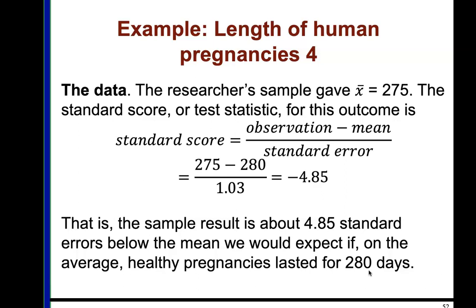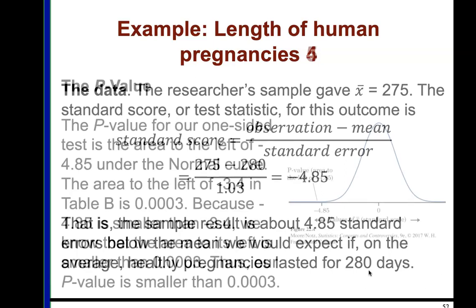We take the observation, 275, subtract 280, then divide by 1.03 to see that this is negative 4.85. We are 4.85 standard deviations below the mean, as what we would expect if the average really was 280 days.